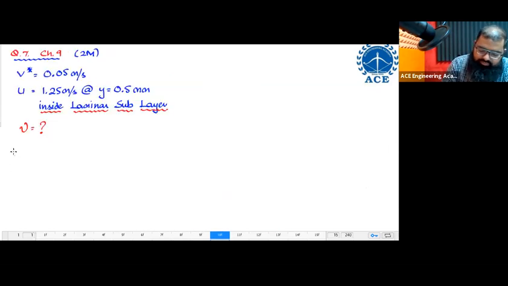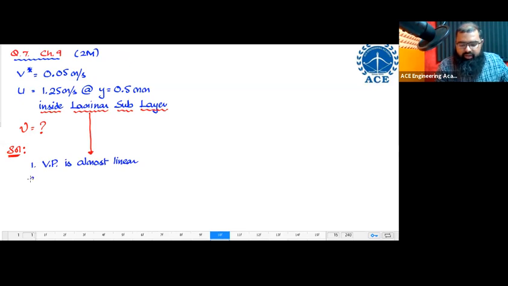So in the solution, I am going to first of all extend this concept further and mention 2 points. First point is velocity profile is almost linear. And second point I have to mention is the shear stress at the wall.